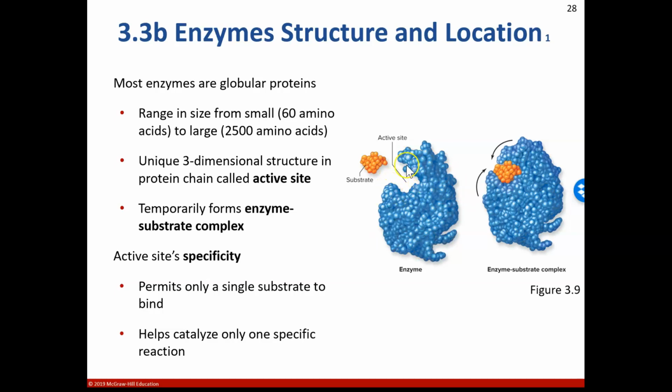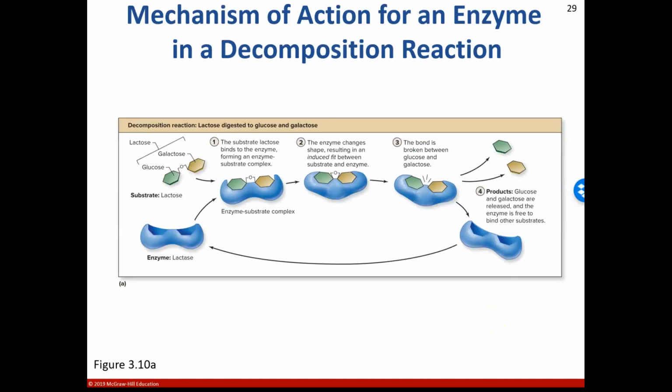And this active site is where the substrate is going to bind, where we are going to form a temporary enzyme substrate complex. This active site is specific, so it's going to permit only a single substrate to bind to it, kind of like a lock and a key that fits in perfectly. And this helps to catalyze only one specific reaction.